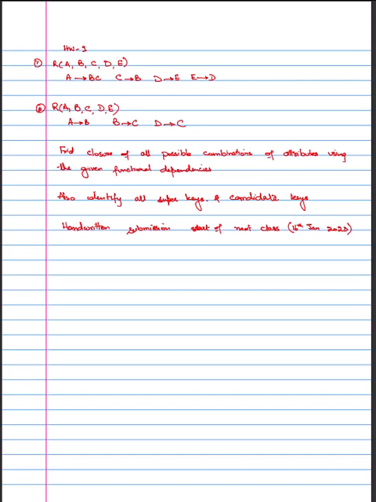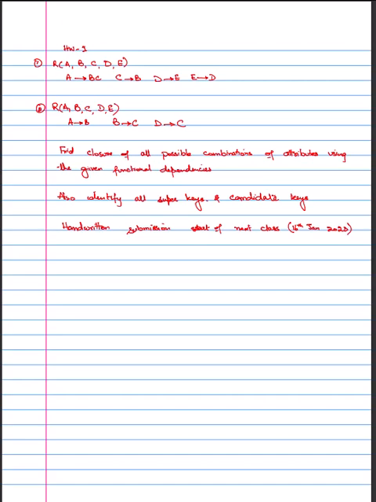You will first find the closure of each attribute individually, and then take composite attributes together. First take 2 attributes together and find the closure, and then 3 attributes, 4 attributes, and at the end all the 5 attributes, which is only one combination. Then you can easily check which are the possible super keys that identify all the attributes.